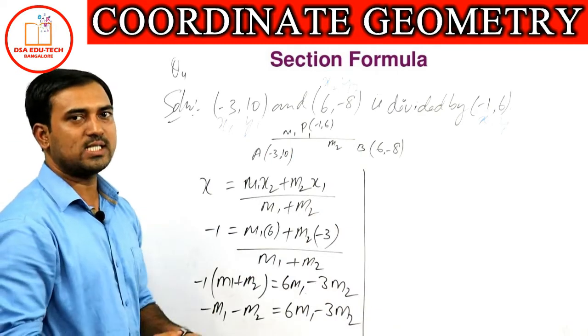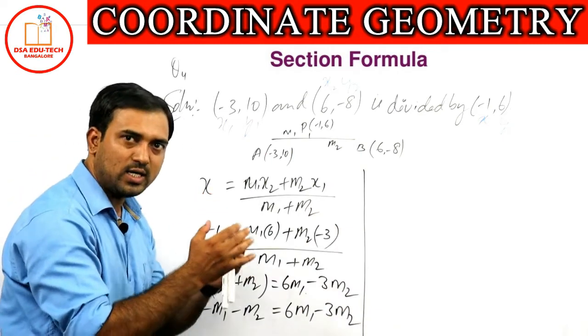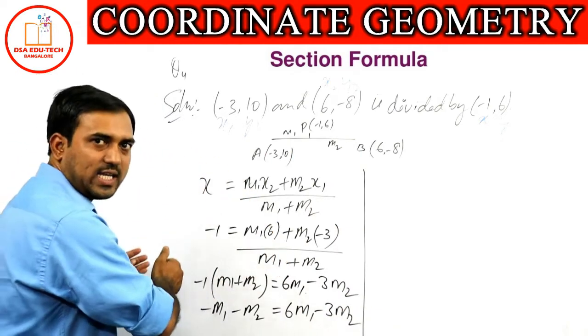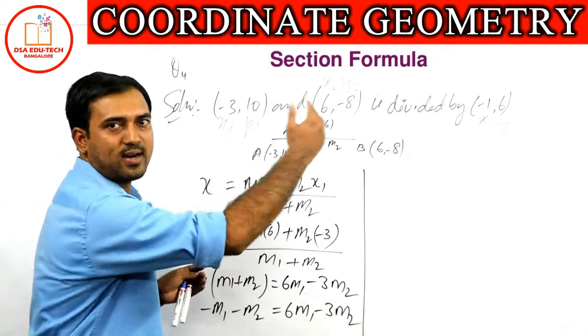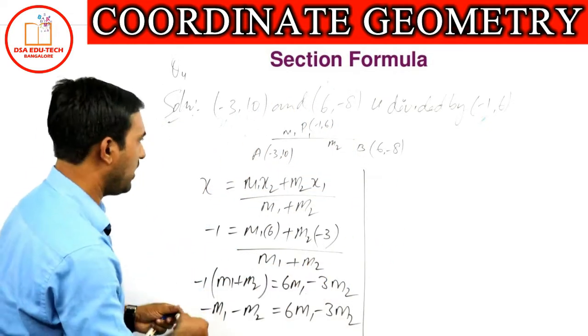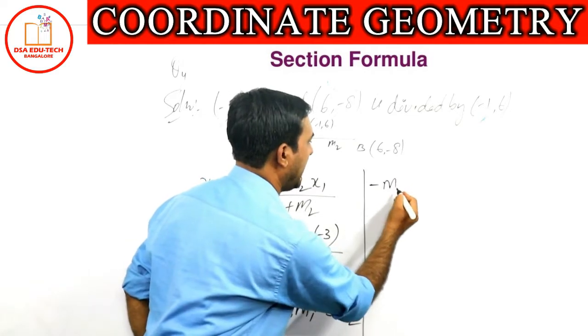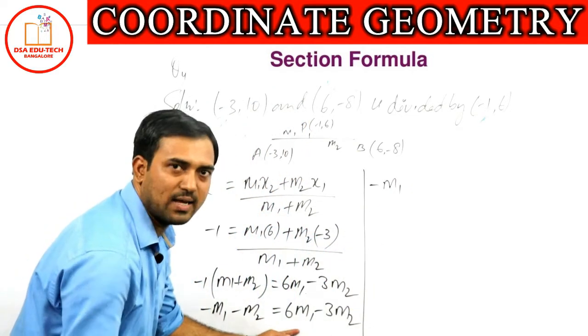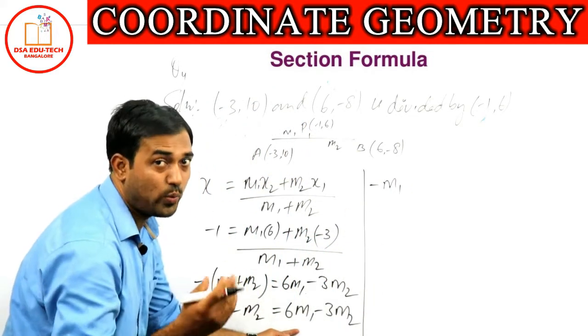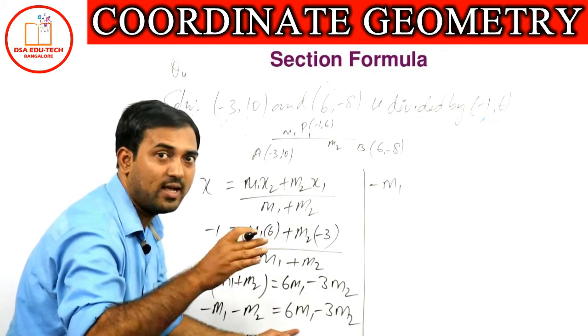What I'll do is take the m1 terms to the left hand side and the m2 terms to the right hand side. The minus m1 will remain as it is. The 6m1 on the right hand side I'll take to the left hand side. We know that whenever we change the side, the sign changes.